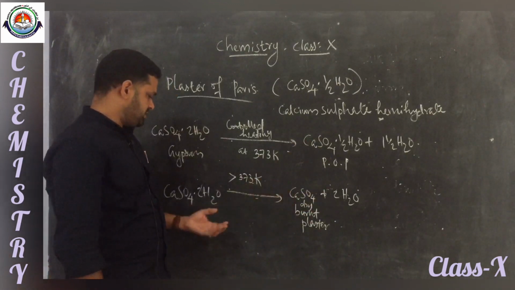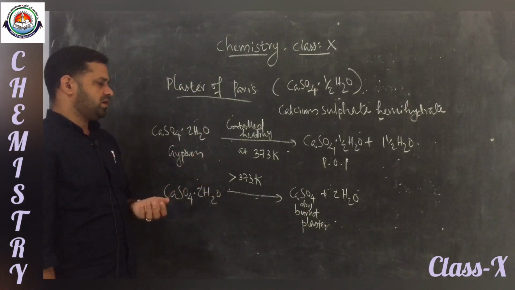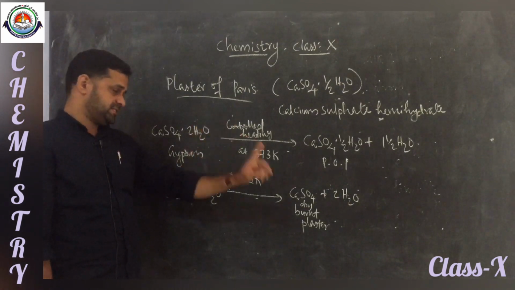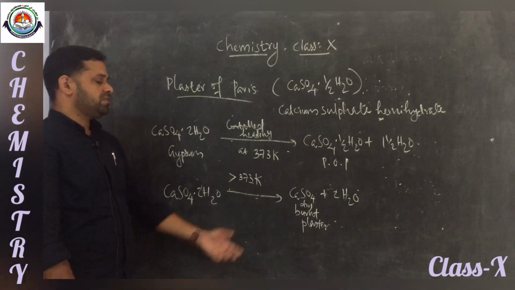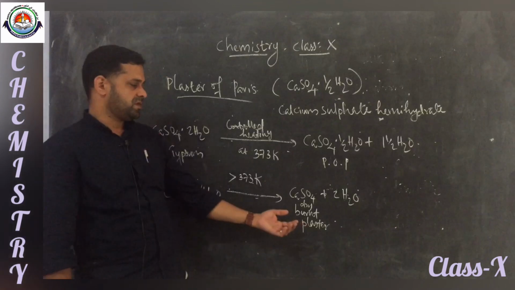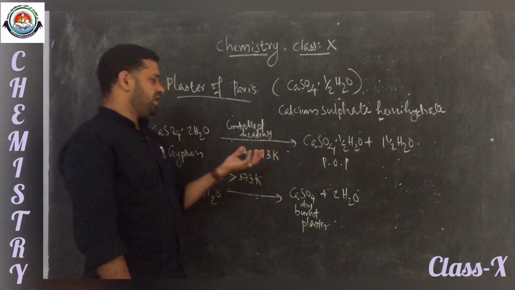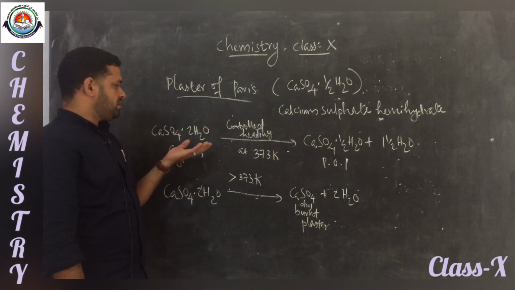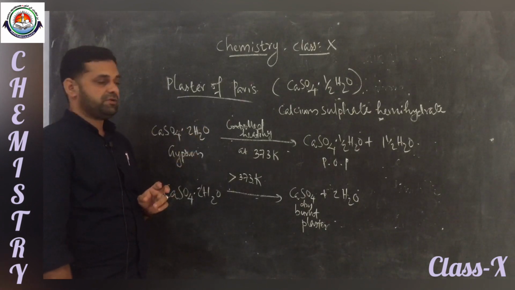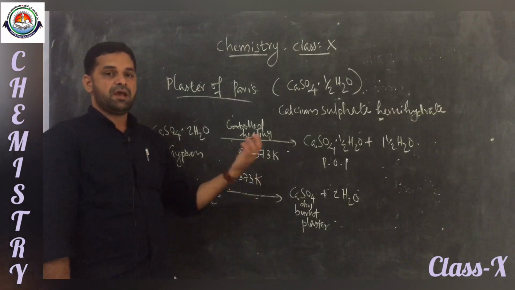So, that is why gypsum should be heated at a controlled temperature, that is at 373 Kelvin. When the temperature exceeds 373 Kelvin, it converts into dry burned plaster. That is why, for the preparation of plaster of Paris, we have to heat the gypsum in a controlled manner, otherwise we will not get plaster of Paris. Why? Because all the water molecules will be lost.